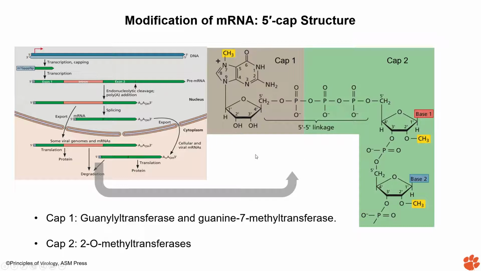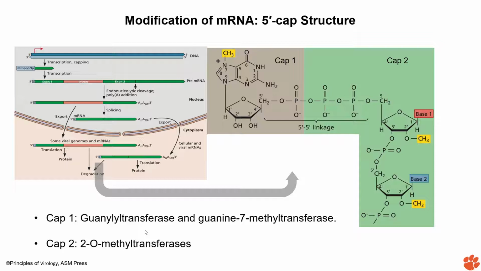So the first enzyme which is involved in that is called guanylyl transferase. Now, there are many different ways that guanylyl transferase can be there. Cellular guanylyl transferase is a separate enzyme which is a subunit of the RNA polymerase II. RNA polymerase has 12 to 16 subunits. And guanylyl transferase is one of the subunits which makes the RNA polymerase II holoenzyme, and it happens co-transcriptionally.